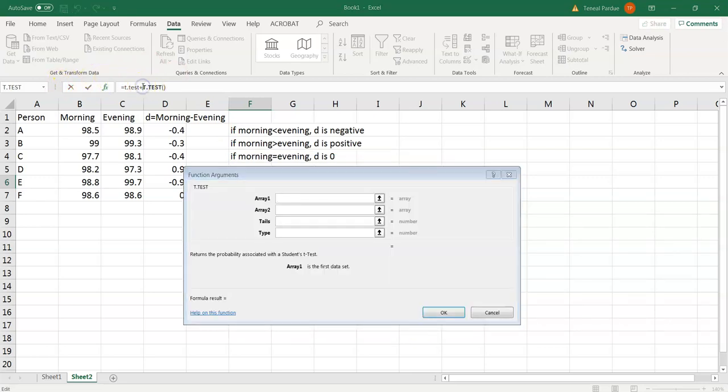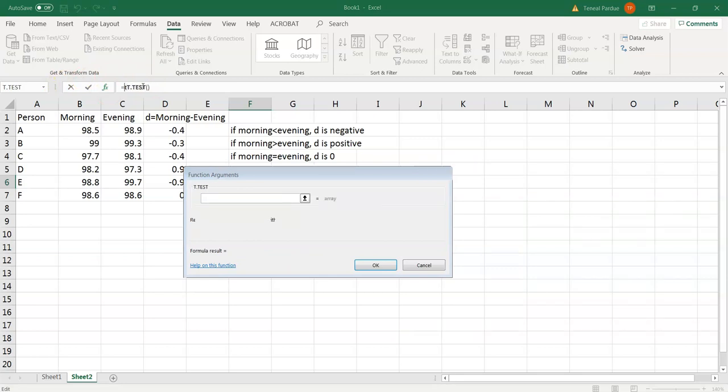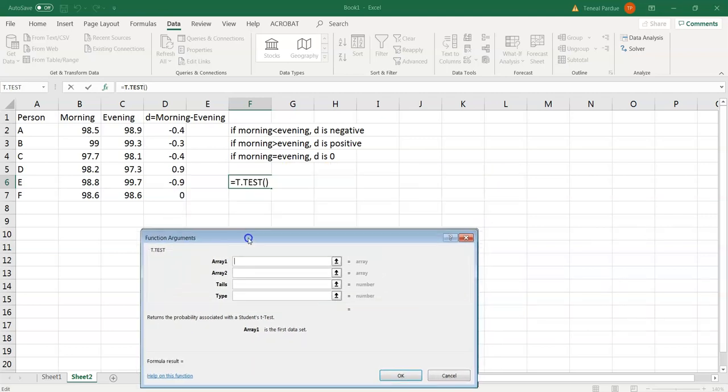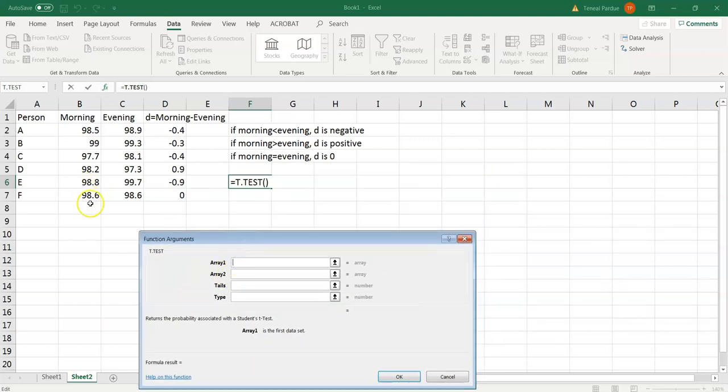For array 1, we're just going to put in our values from our leftmost column. The one where the data is, this one you wouldn't ever want to use. Array 2, the evenings.